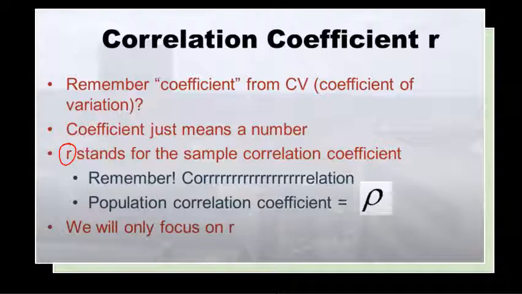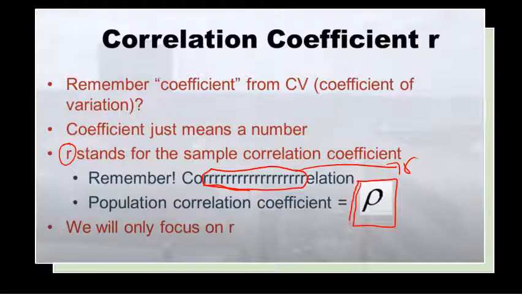How you can remember that would be to say "correlation" with a bunch of R's, and you'll know that the way we symbolize that is just with an R. And just so you know, the population correlation coefficient is this Greek letter, fancy P thing right here. Although we are not going to necessarily use that, we'll focus mostly on R because, like I said, it's way more common.